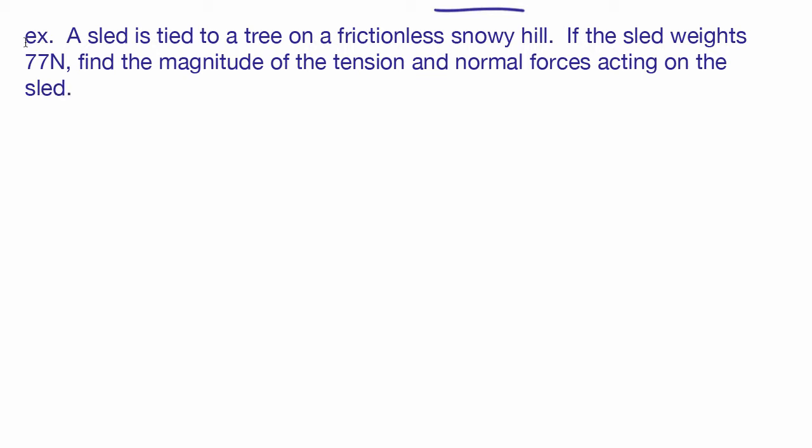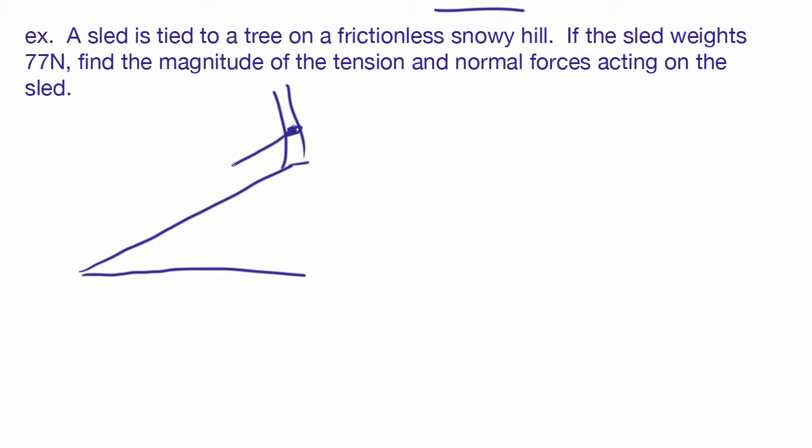All right, so we just have a sled on some nice frictionless snow, which we'll have soon enough here in Michigan, and it's tied to a tree. The picture looks like this. Up here, there's a tree, and tied to it is our sled.